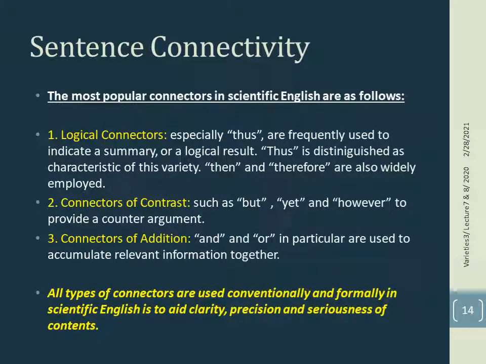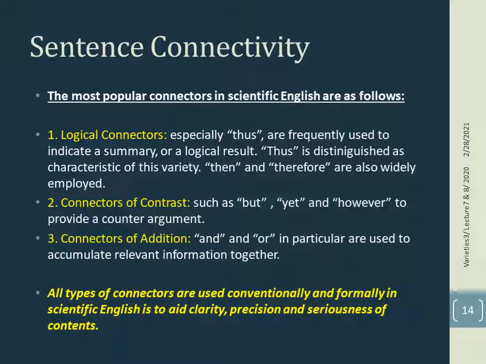Sentence connectivity. The most popular connectors in scientific English are as follows. Logical connectors, especially thus, are frequently used to indicate a summary or a logical result. Thus is distinguished as characteristic of this variety. Then and therefore are also employed in the text.